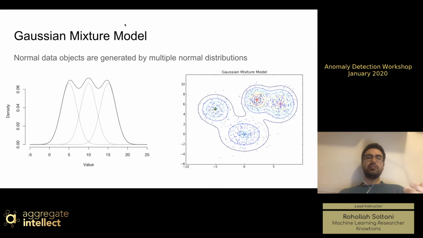So in that case, you should assume that the normal data objects are generated by multiple normal distributions, and for any object O, or for any object which is an outlier, the calculation of the likelihood will be based on a mixture of these Gaussian models.